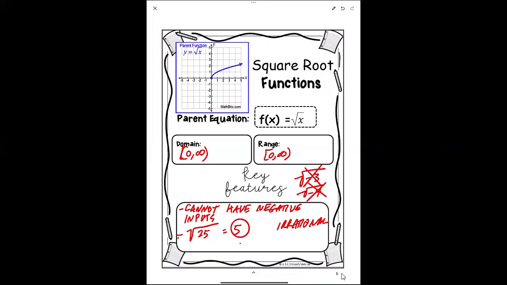Anything else, you get an irrational. Perfect squares, by the way, 1 times 1, that's a perfect square. 2 times 2, so 4 is a perfect square. 3 times 3, so 9 is a perfect square. 5 times 5, 25. That's a perfect square. So perfect squares, when they go inside the square root, you get an integer. Everything else, you get irrational. Okay, I think that's it for that.